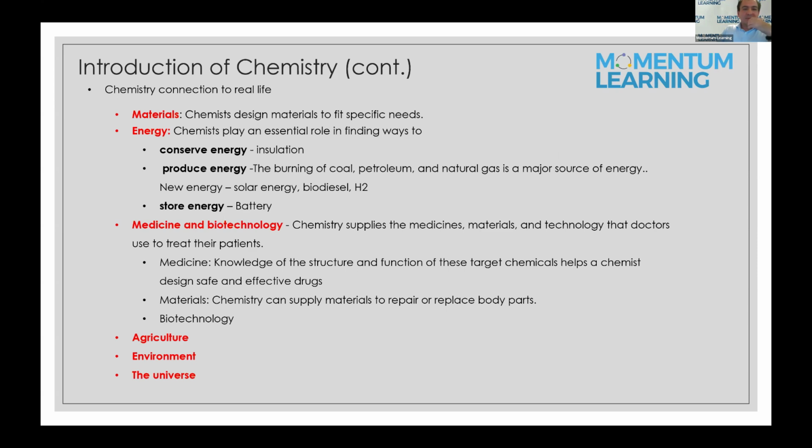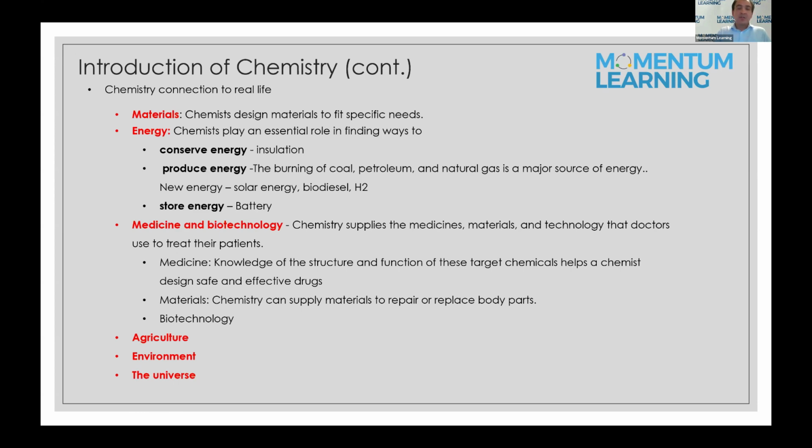About chemistry, materials: chemists design materials to fit specific needs. For example, when you want to design a tennis racket, you are trying to get a material that is lightweight and also very sturdy.